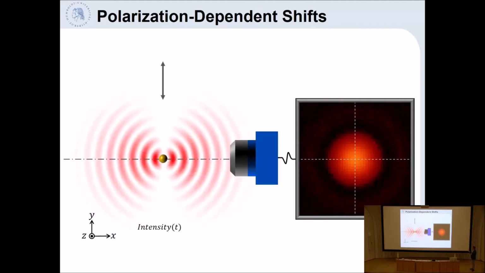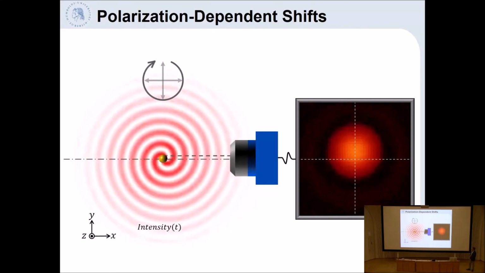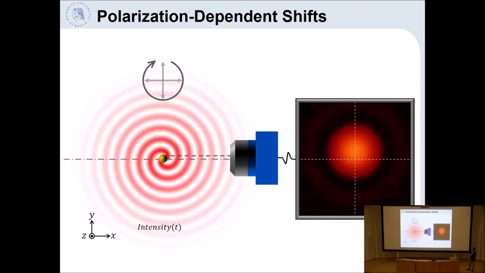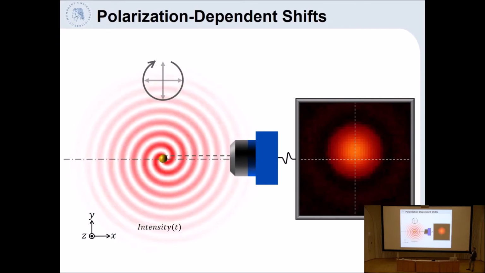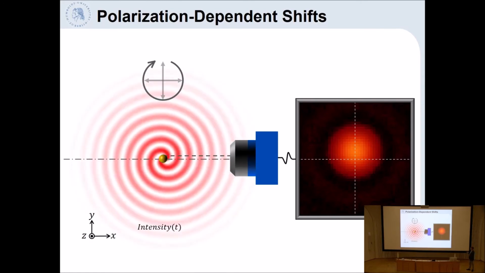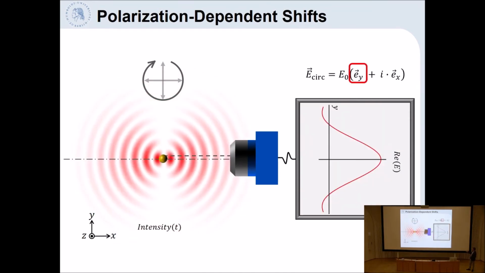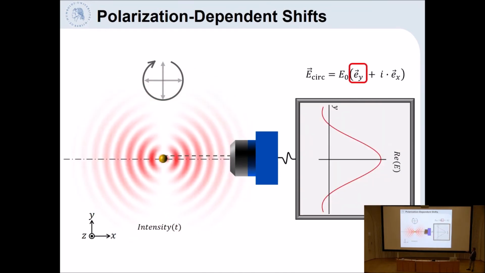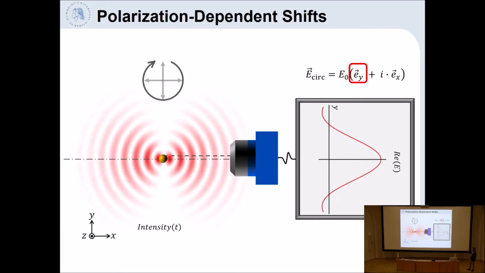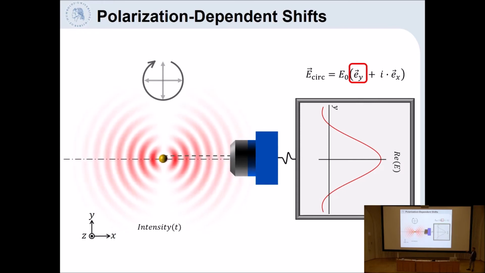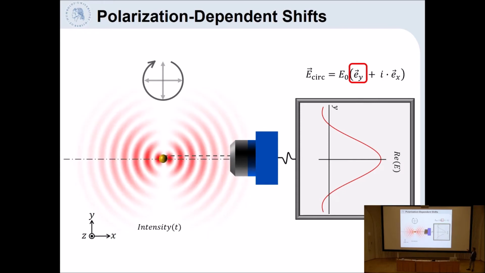And now when we look at the circularly polarized emitter, then in addition I have this longitudinal component, and as we discussed, we will see a shifted point spread function, shifted by the equivalent of lambda over 2 pi. Now, to understand this in terms of interference, we have to decompose the field into these two components. The field that corresponds to the transverse dipole is basically a bell-shaped field, okay, which has its maximum on the optical axis.